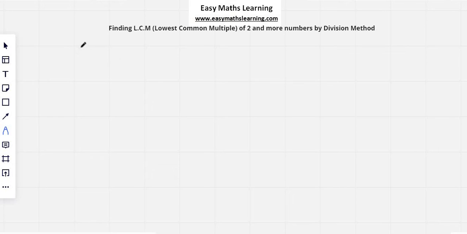So let us consider three numbers, that is 15, 24, 30. We will follow the same division method. We are choosing the division method because this is the simplest and easiest process to find the LCM.